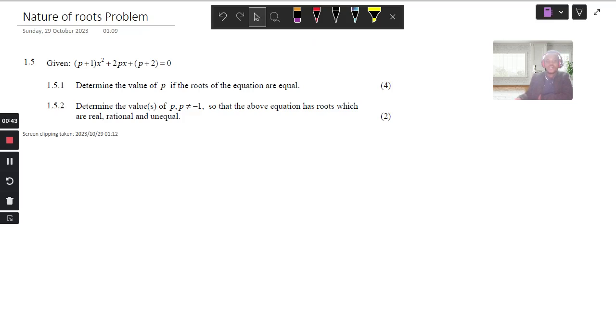For this problem, there are a few things that we should recall when working with the nature of roots.